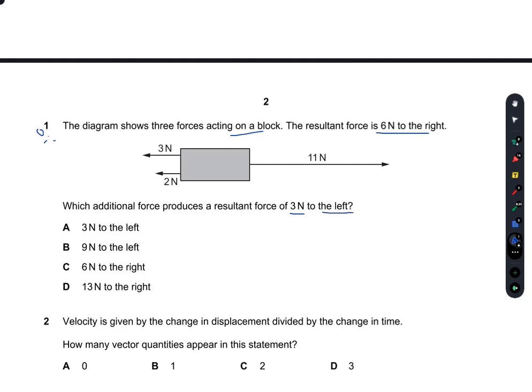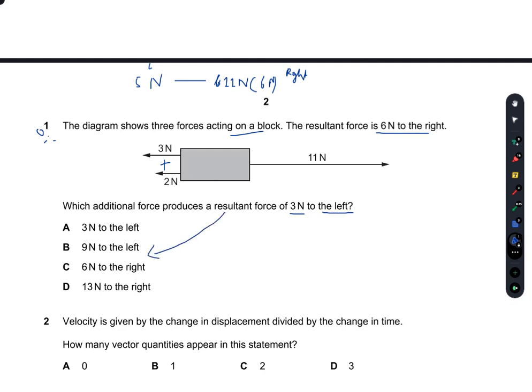Now, this 3 newton and this 2 newton combine to form a 5 newton force to the left, and in the opposite direction there is an 11 newton force, among which the resultant force is 6 newtons acting towards the right. Now we have been asked which force we have to produce to get a resultant force of 3 newtons to the left.